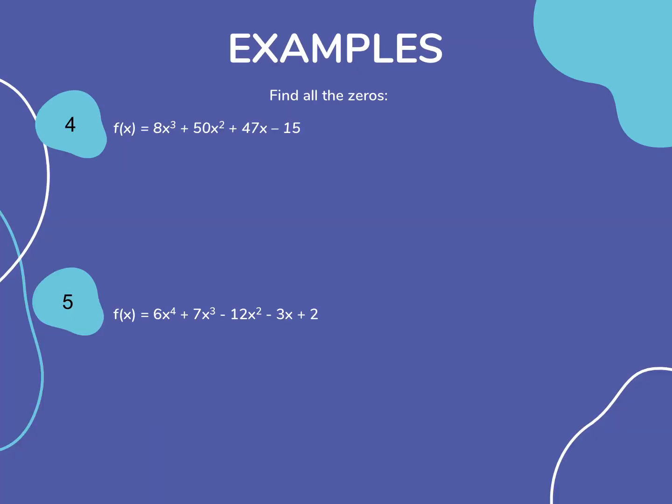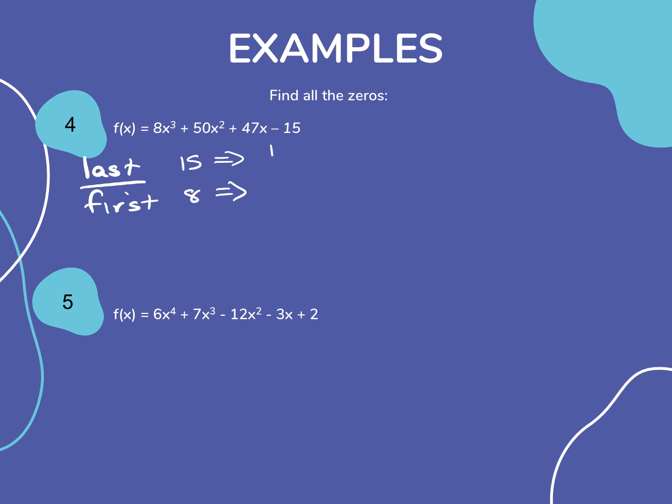So let's go ahead and take a look at what I'm talking about. So for the possible zeros on this one, we're going to take the last term, so last over first. So my last term is the 15, and the first term is the 8. So I need to list all the factors of 15 and all the factors of 8.